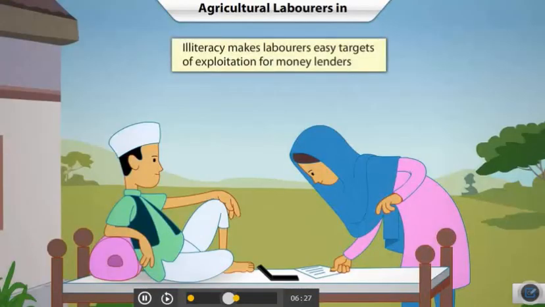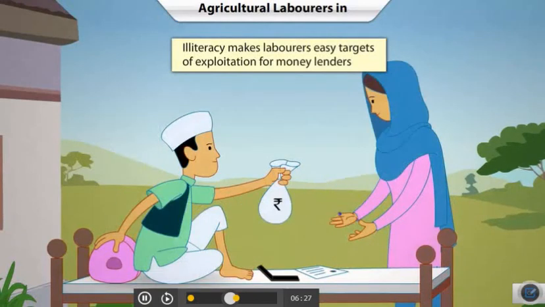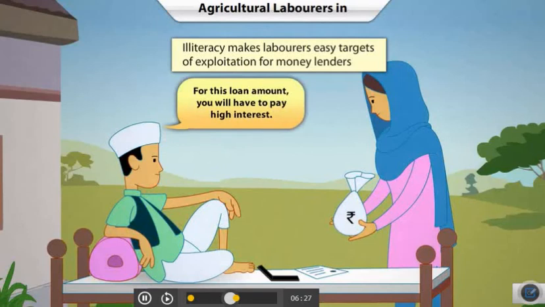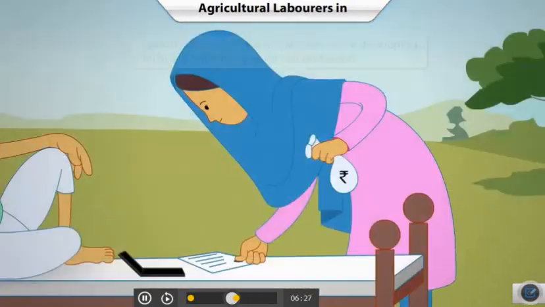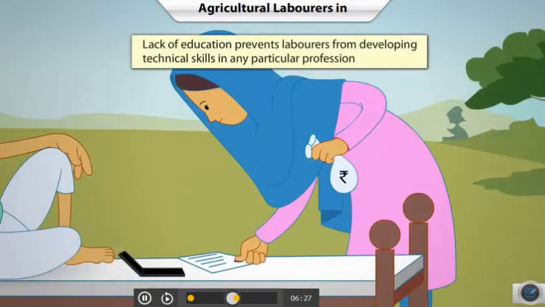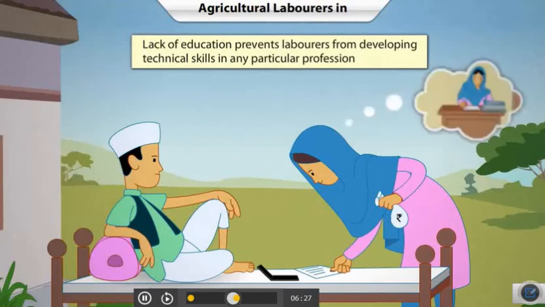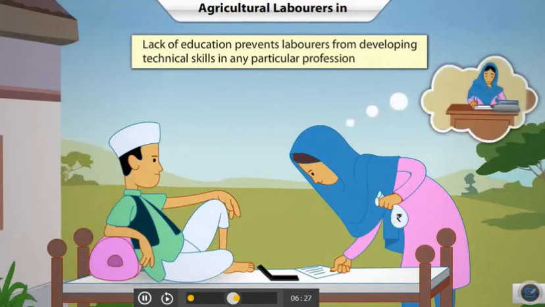Illiteracy among laborers makes it easier for moneylenders to exploit them. They often charge unreasonably high interest rates on loans from the laborers. Their lack of education prevents them from developing any specialized technical skills in a particular field.